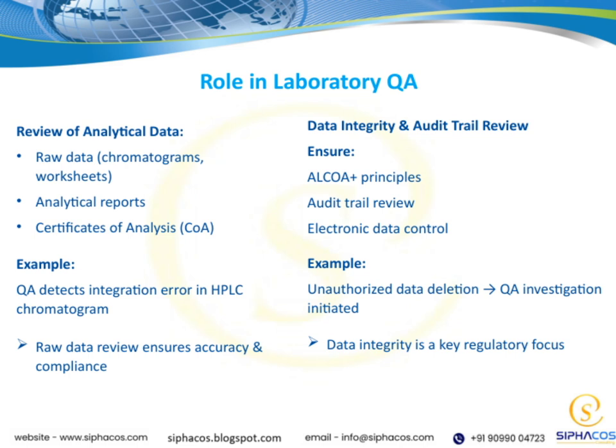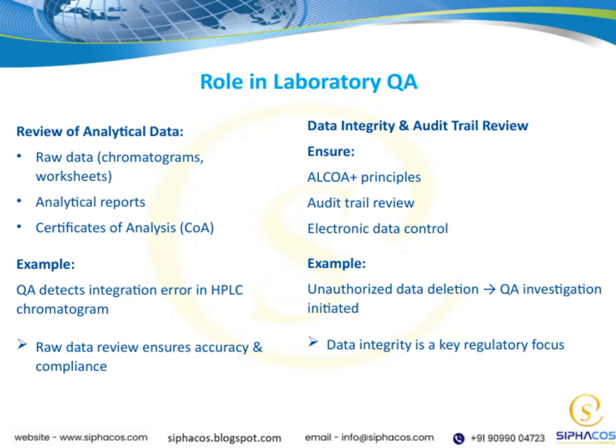In the laboratory, data integrity plays a vital role in QA. When we review analytical data, we're looking at raw data such as chromatograms and worksheets, and also at analytical reports and certificates of analysis, or COAs. For example, if QA detects an integration error in an HPLC chromatogram, it highlights the importance of reviewing raw data to ensure the results are accurate.